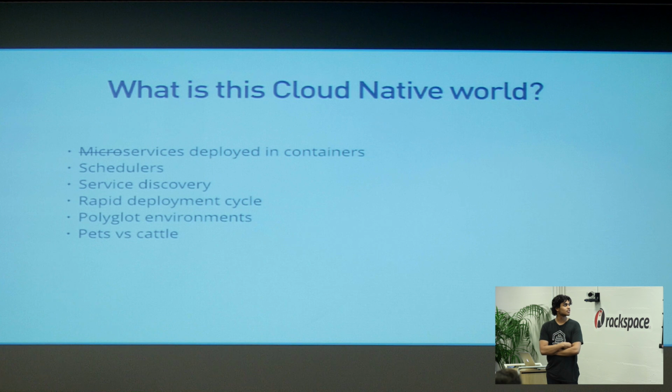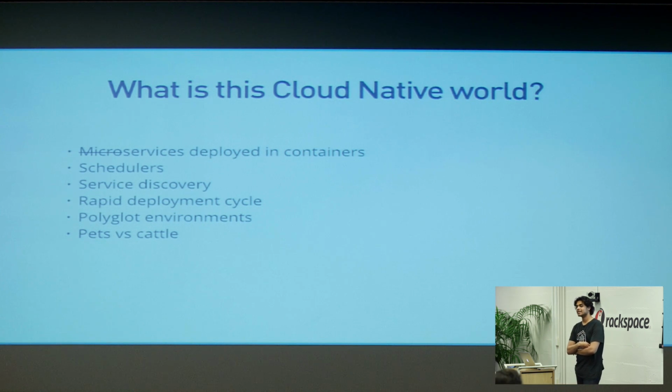You just have your containers and your schedulers. You're deploying a lot, in some cases multiple times a day, which is really a lot. And ultimately, your services should be like cattle, right? You shouldn't really care if one service goes down. You should have 10 others hopping in to take its place. That's the cloud native world.